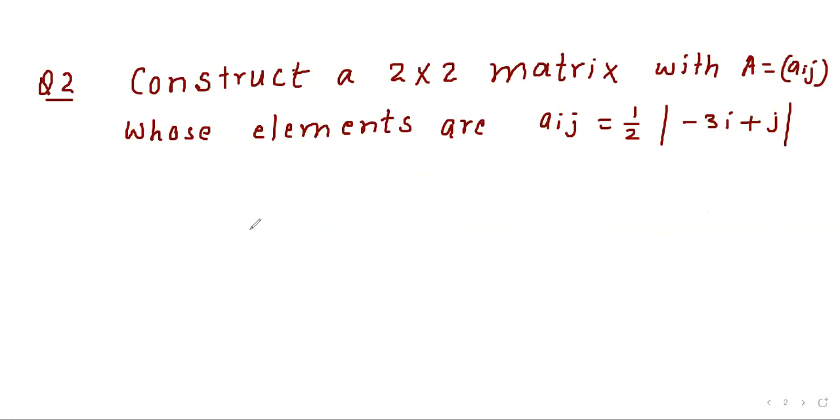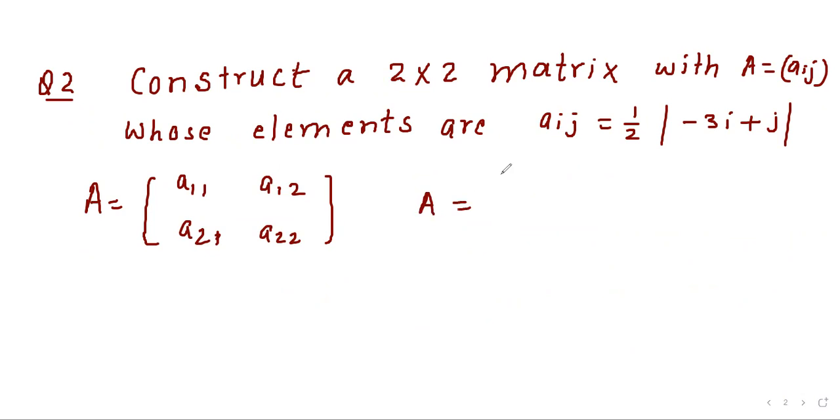Now let's go to the next question. Construct a 2 cross 2 matrix A equal to [aij], whose elements are given by aij equal to 1 by 2, modulus of minus 3i plus j. So A equal to, we write a11, a12, a21, and a22. Now, the required matrix will be A equal to half of modulus of minus 3i plus j, meaning minus 3 plus 1.